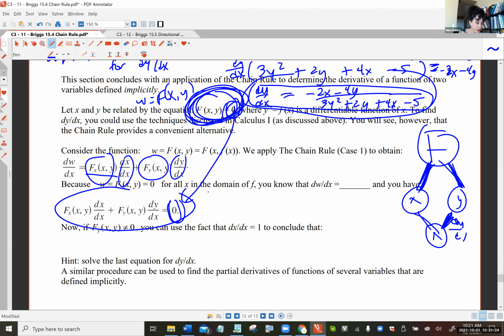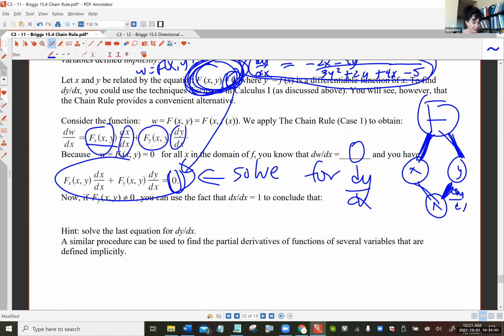Now, what do you do? You solve this equation for dy dx. Oh, by the way, you know that dw dx is 0, talking about the right-hand side, because it equals 0. So when you solve for dy dx, this dx dx just turns into a 1.